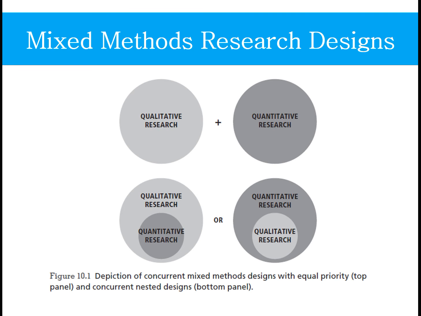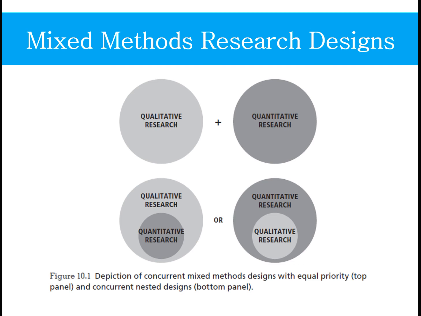So here you have concurrent mixed methods designs. On the top, equal priority. You've got qualitative and quantitative data, concurrently being collected at the same time, and it's being given equal weight.